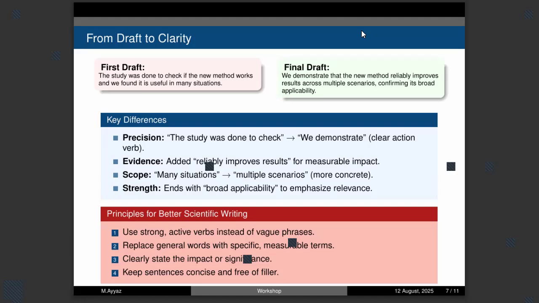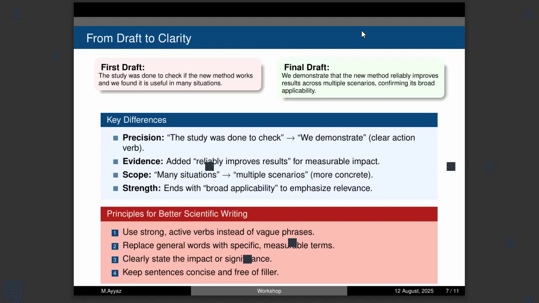And in the first draft, "many situations" gives a vague idea of the scope of the study. We can change it to "multiple scenarios," which is more concrete and gives confidence to our idea.